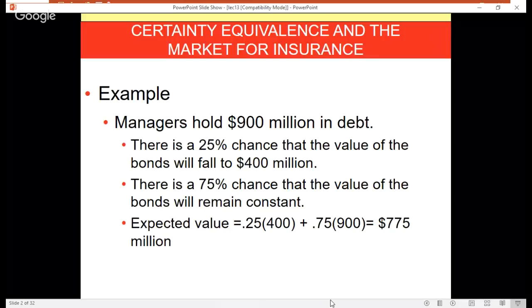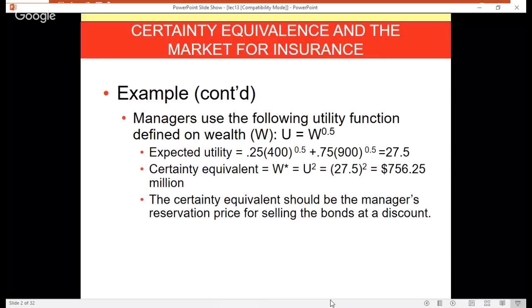That means there's a 75% chance that they pay the full amount, 900 million. So the expected value is 0.25 times 400 million, plus 0.75 times 900 million, or 775 million.